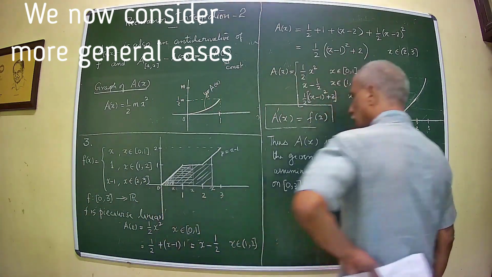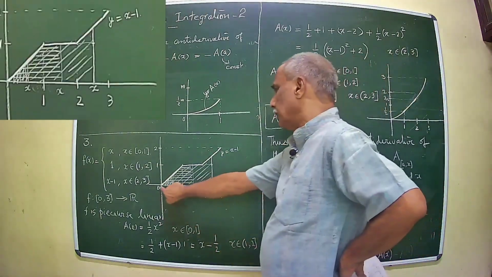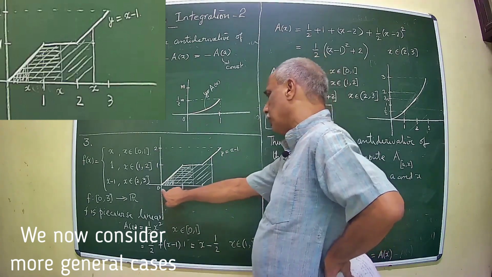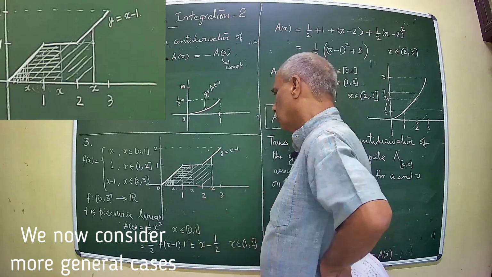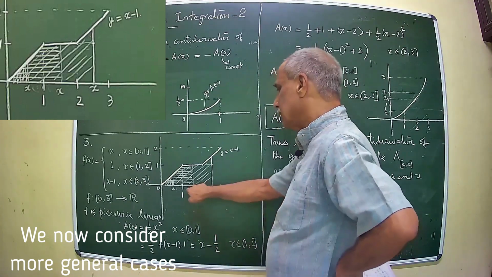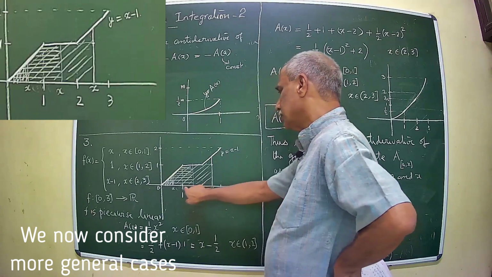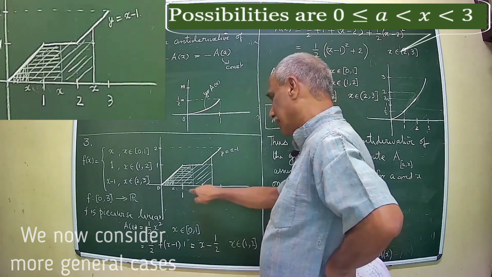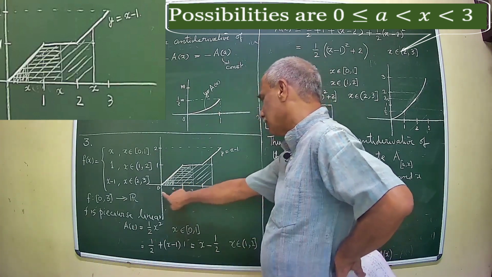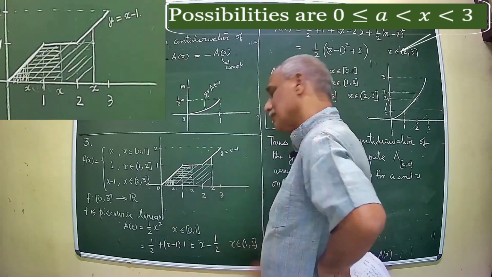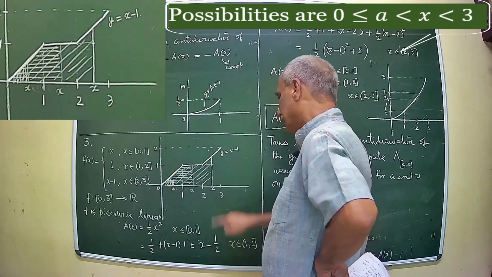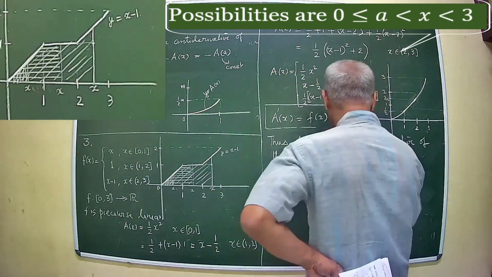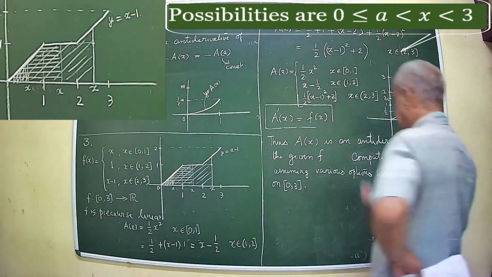So the options are: both a and x belong to the interval 0 to 1; a belongs to 0 to 1 and x belongs to 1 to 2; a and x are both in the interval 1 to 2; another option is a in 0 to 1 and x in the interval 2 to 3, and so on. So all sorts of possibilities such that a is less than x, and if you do that, you can verify this.